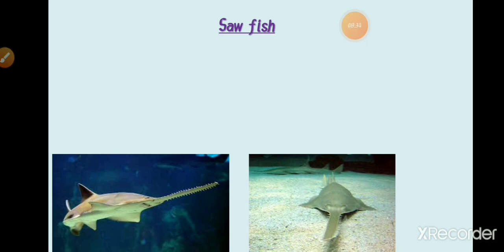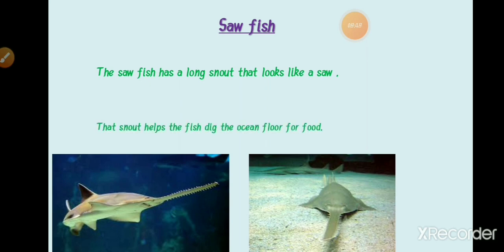Its snout also looks like a saw, so its name is sawfish. The sawfish has a long snout that looks like a saw. That snout helps the fish dig the ocean floor for food.